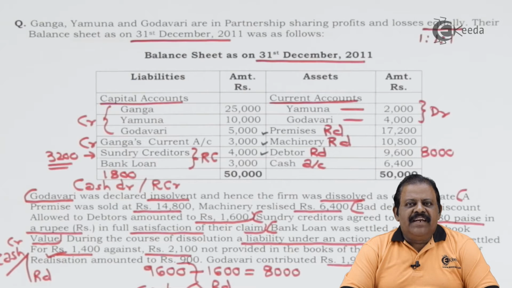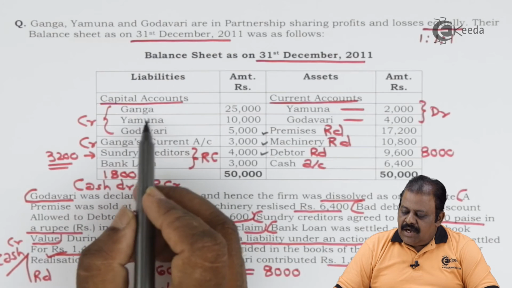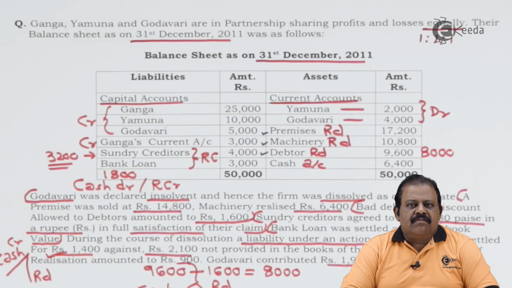Let us move to liability side. Capital accounts of Ganga, Yamuna, Godavari will be transferred to their capital account credit side.